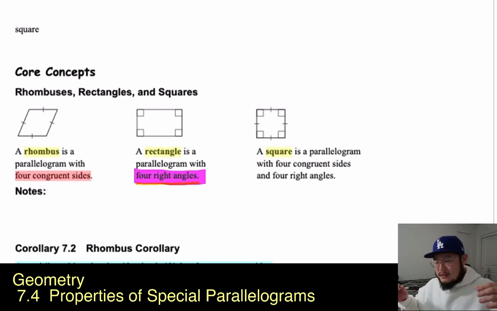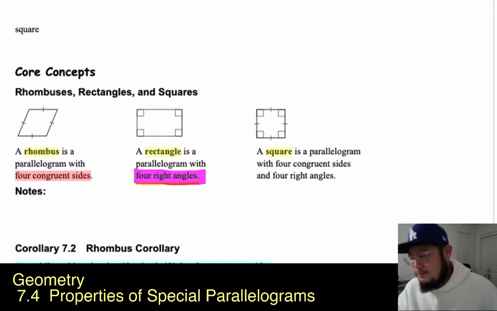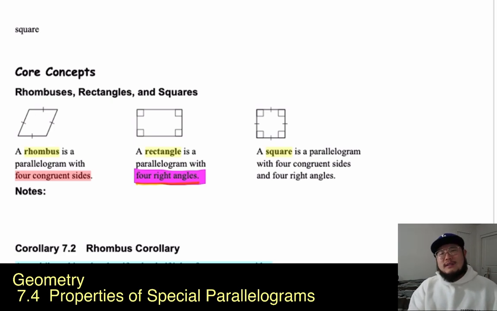So that's what I want you to understand as we looked at all of the different parallelograms and where they fall along in the tree or hierarchy of these special parallelograms.